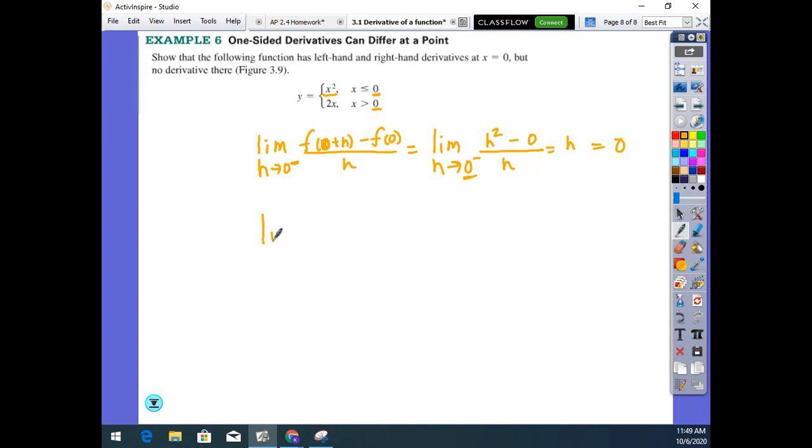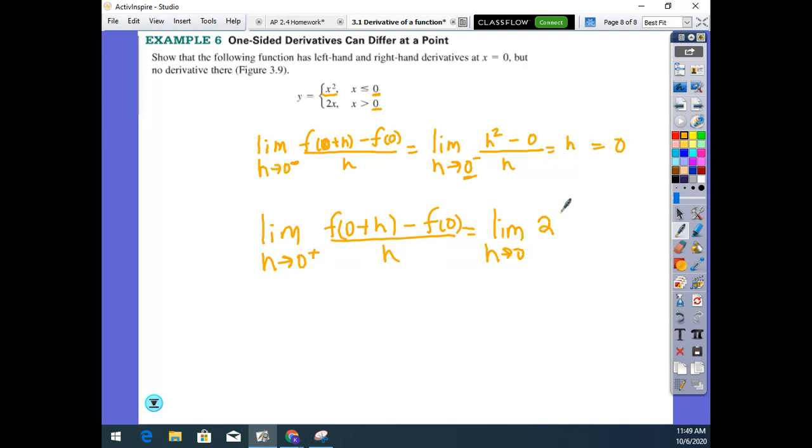Now, let's find the limit as h approaches 0 from the right. So we're going to do f of 0 plus h minus f of 0 all over h. Notice each time I write this, I'm writing the limit as h approaches 0.